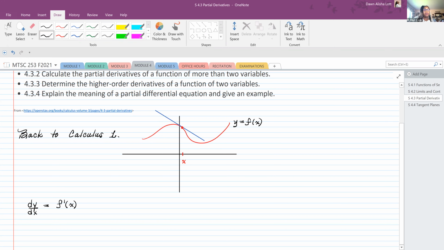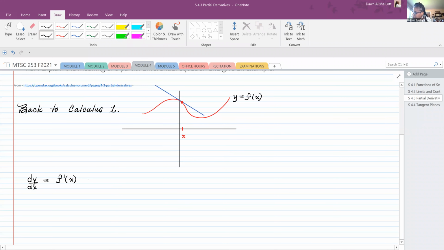And this, by definition for us, is the slope of the tangent line to the curve y equals f of x at a point x.